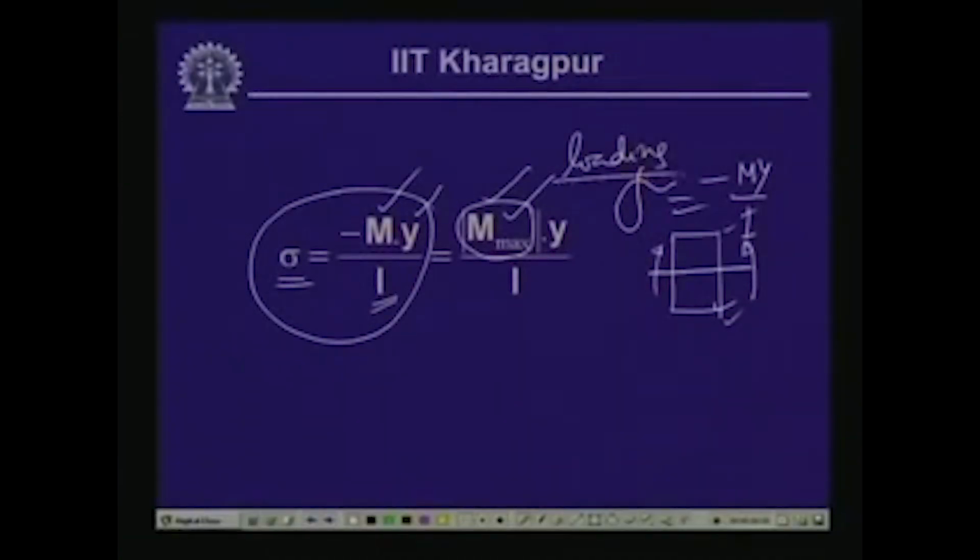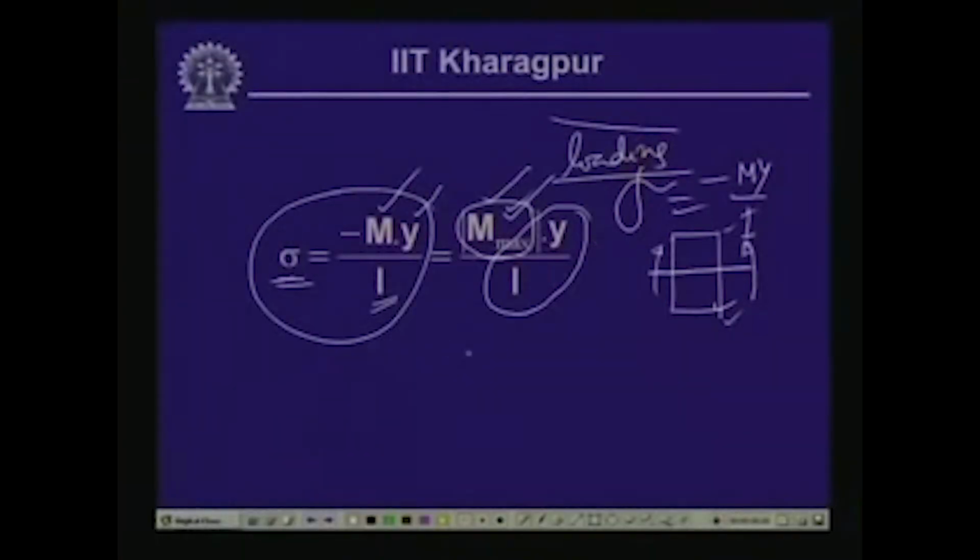M max, the maximum bending moment, can be evaluated from the external loading acting on the beam member, and we have seen how to calculate the bending moment at different sections. If we draw the bending moment diagram, then we can know at which location the maximum bending moment is occurring. So, we know M max, we know sigma. Now, these two parameters, I and y, depend on the cross sectional shape of the beam member, where I is the moment of inertia and y is the distance from the neutral axis of the point where we are evaluating the stress.